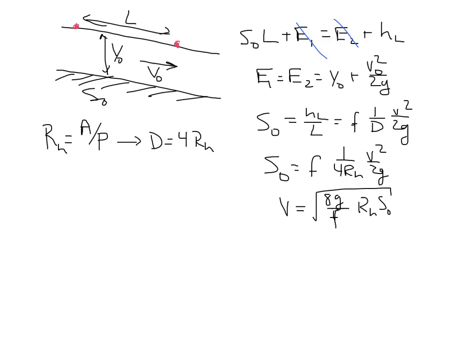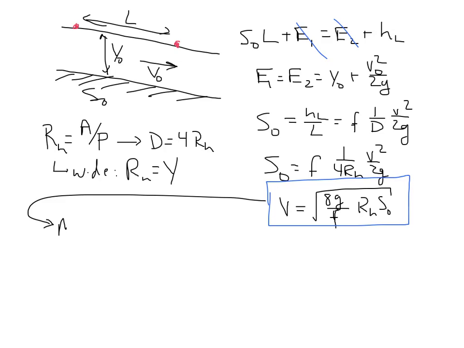And for wide rectangular channels, I should note, the hydraulic depth is equal to the actual depth, y. Now, this form of the velocity tells us that the velocity is inversely related to friction, as you'd expect. It's proportional to the channel slope to the 1/2. This is not the form that's usually used in channel flow, though.